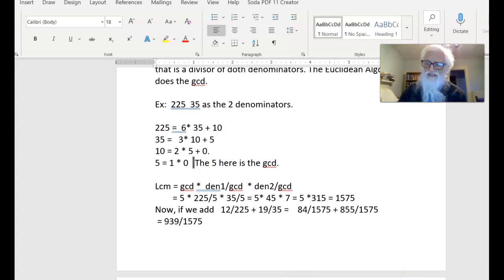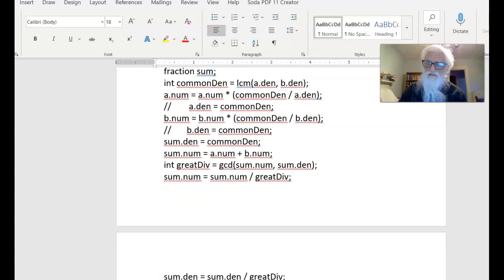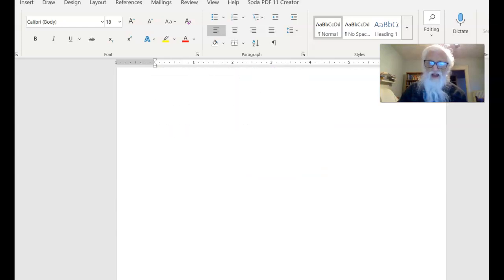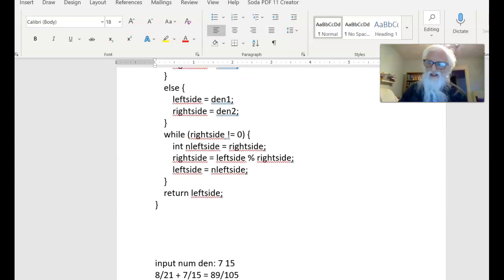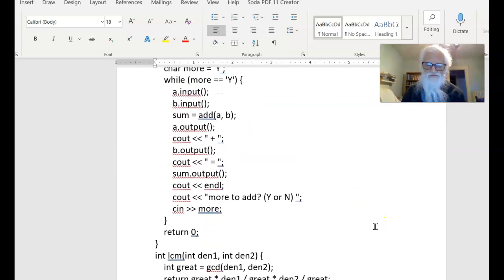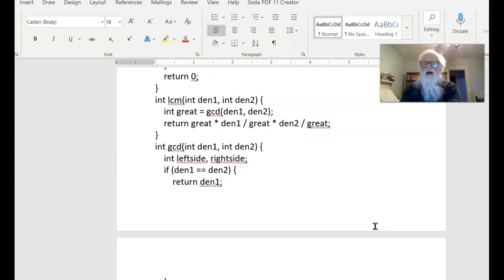Now, once I got the GCD, it was easy to get the least common multiple. It's here somewhere. There it is. I made great the GCD, and then, as I've set up above, great appears once in the LCM.